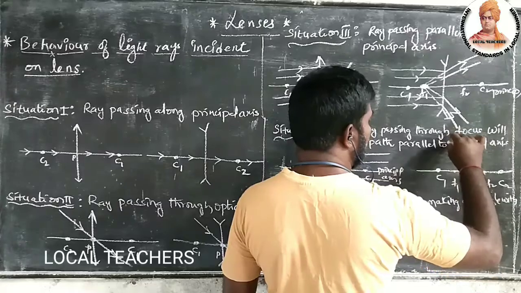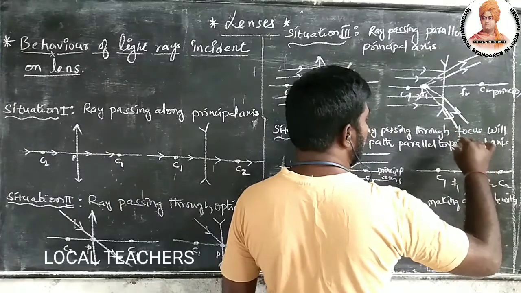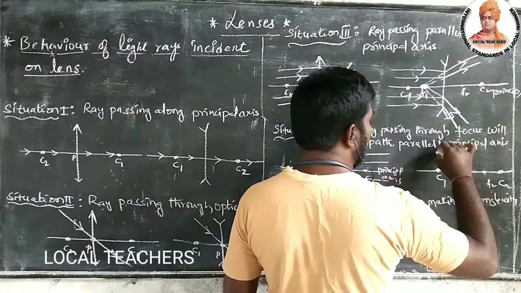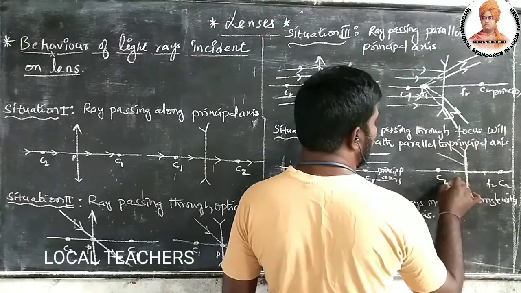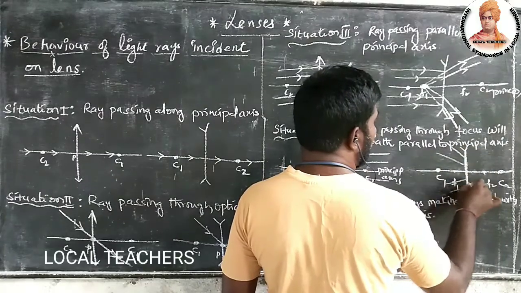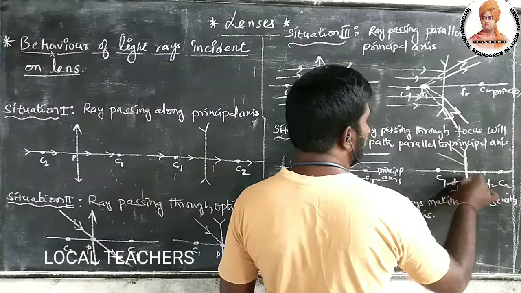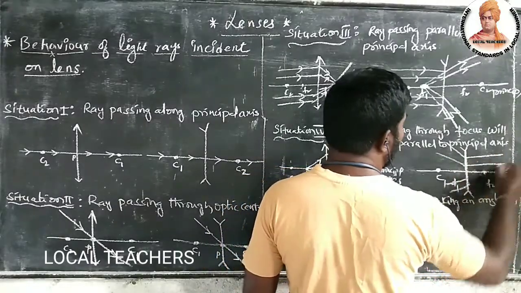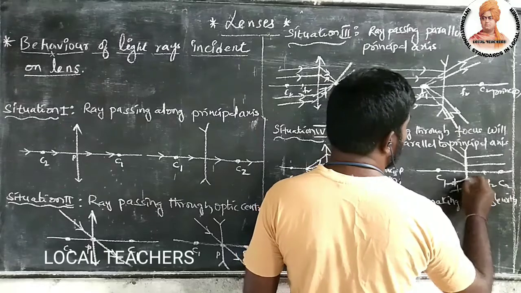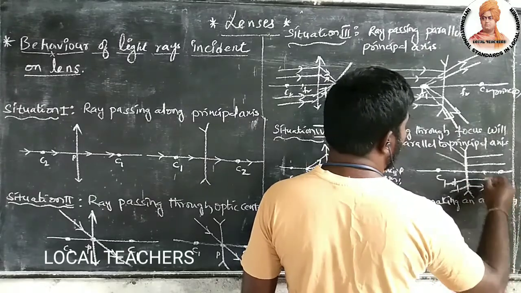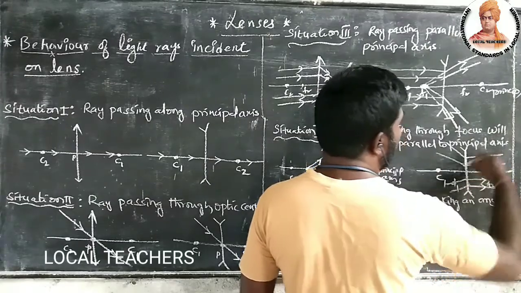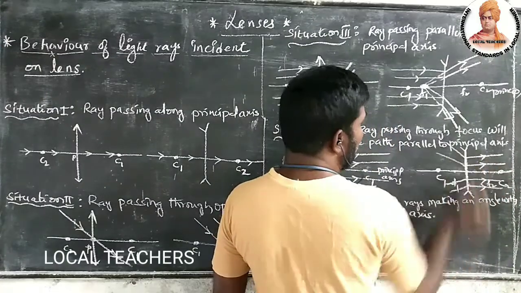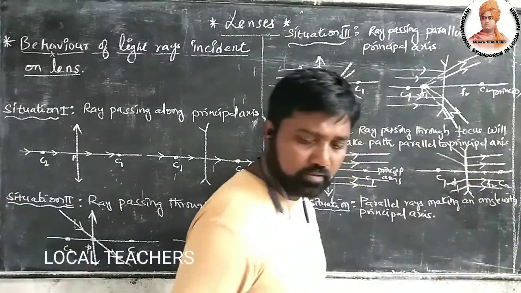The rays which are directed towards the focus will, after refraction, choose a path parallel to the principal axis.